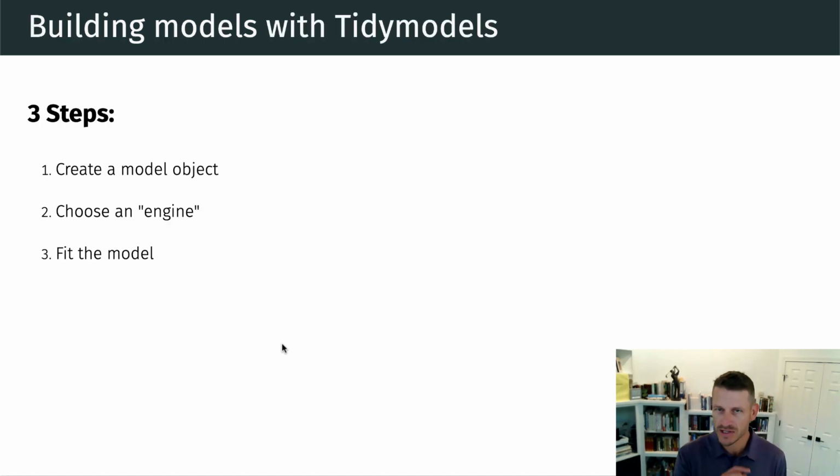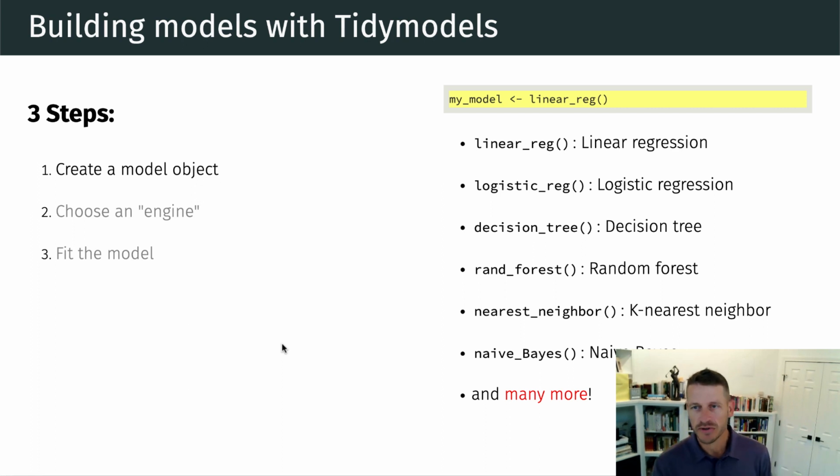All right, so how do we actually build a model with Tidy Models? Well, in the easiest form, we can do this with 3 steps. Create a model object, choose the engine or the underlying package to implement that algorithm, and then fit the model. All right, so what does this look like? Well, first of all, we want to specify the type of model we want to create, right?